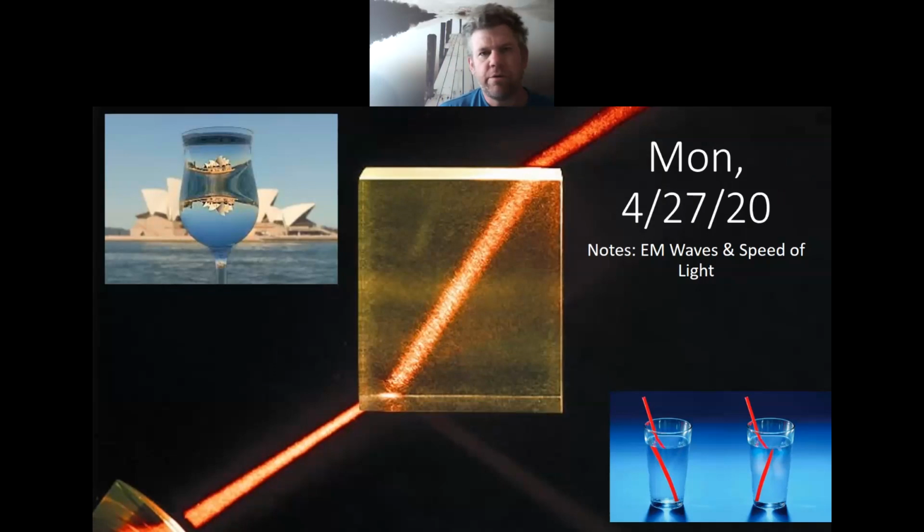We're going to start a new chapter. A new chapter is chapter 17. It starts to deal with light and how light waves work and stuff like that. So today, kind of your standard intro day. I'm going to talk you through the physical properties of light, and tomorrow we'll have some homework stuff.